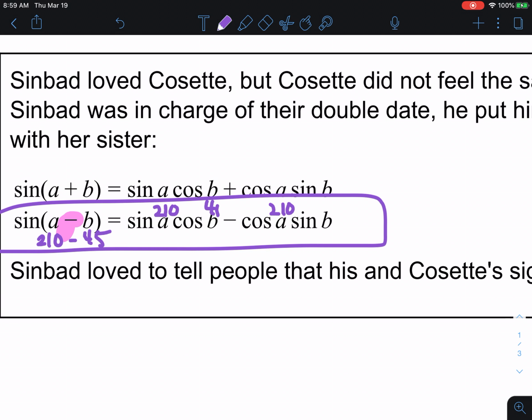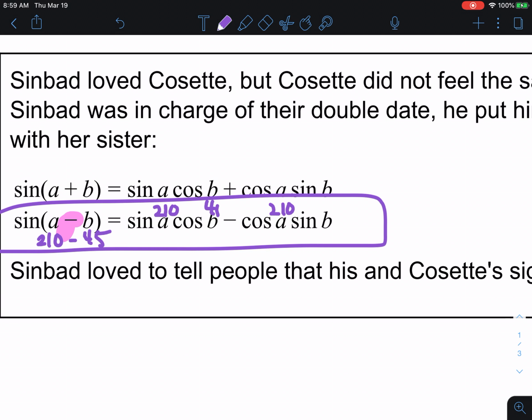And once that's done, we go to the unit circle. So sine of 210, that's going to equal negative 1/2. Cosine of 45 is root 2 over 2. Cosine of 210 is negative root 3 over 2. Don't want to forget that negative there.